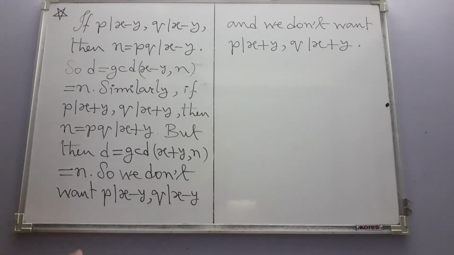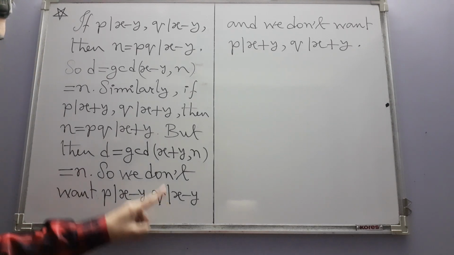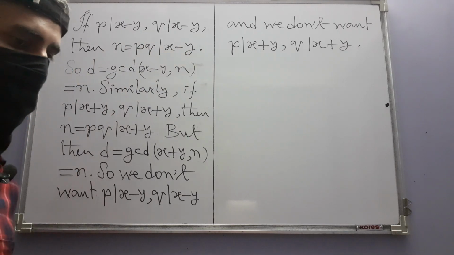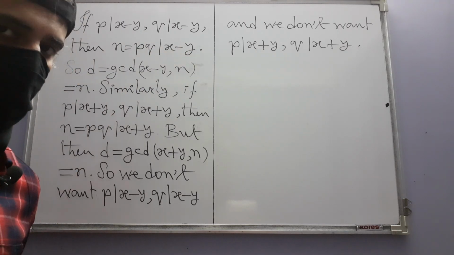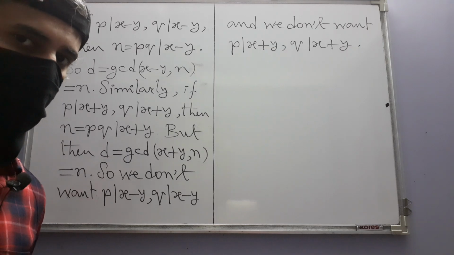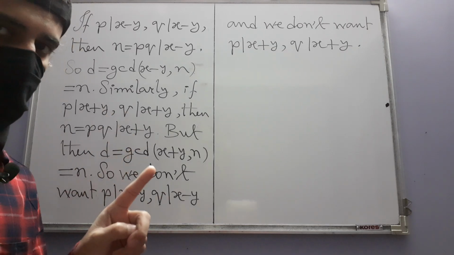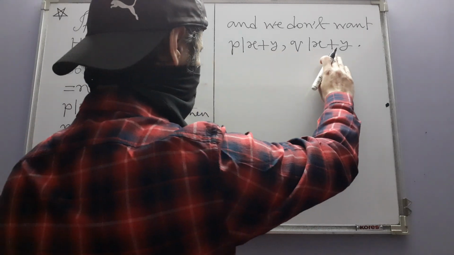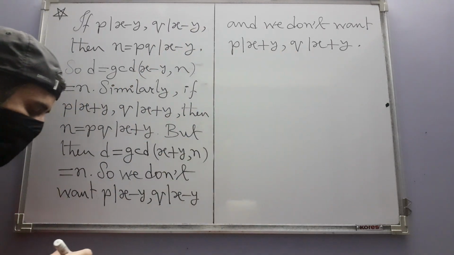Now, in terms of congruence, what does this mean? See, if this is true, then that means n divides x minus y, or in other words, x is congruent to y modulo n. That's one of the conditions we have to avoid. And if this is true, then n divides x plus y.